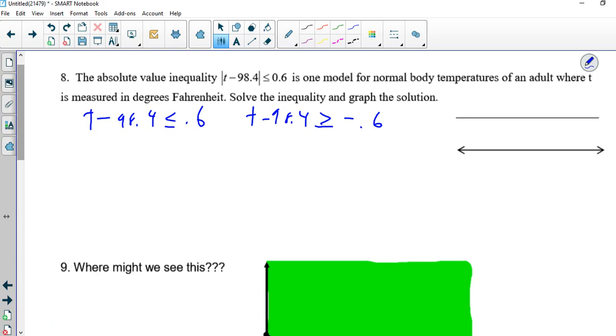So I'm going to add 98.4 to both sides, which will give me 100. And I'm going to do it again. 98.4 minus 0.6 would be 97.8.